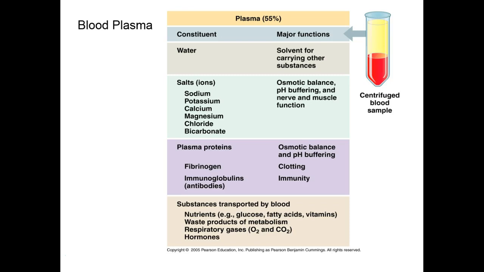So you have these ions that are in the blood, and when they get to the cell, they will go into the interstitial fluid, and because they help maintain a balance, and as a matter of fact, a positive balance, that will actually pull the fluids back into the bloodstream from the interstitial tissue.